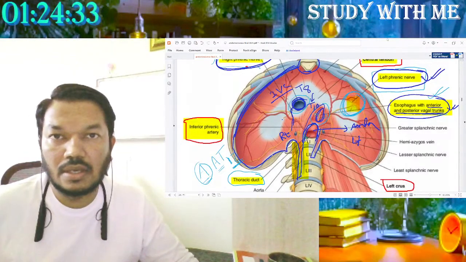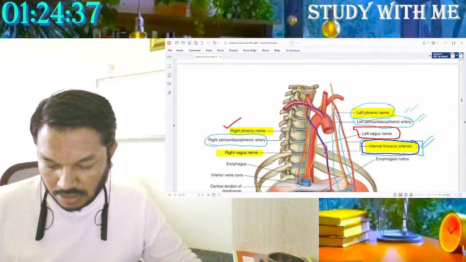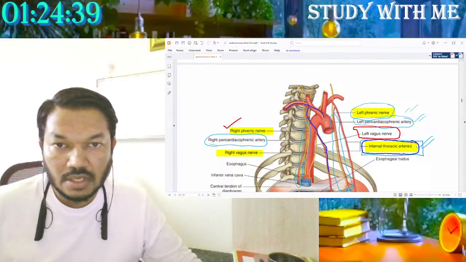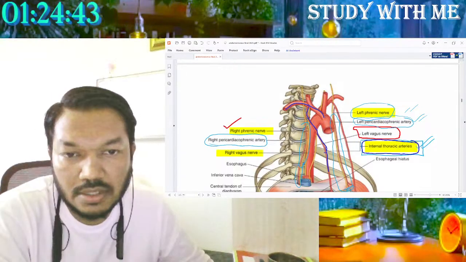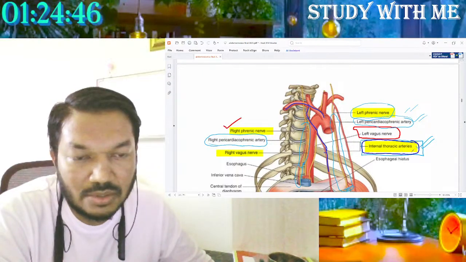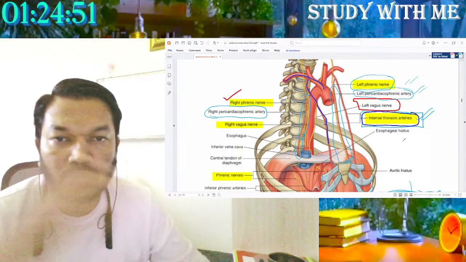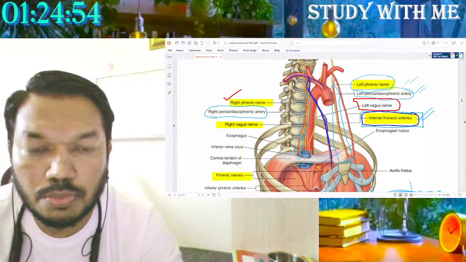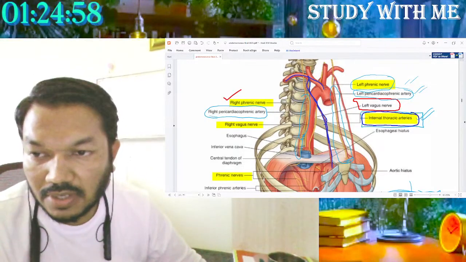Okay, then come down. In this picture, you can see the left subclavian artery. From here we are getting the internal thoracic artery. You remember we got the superior epigastric vein, inferior epigastric vein.